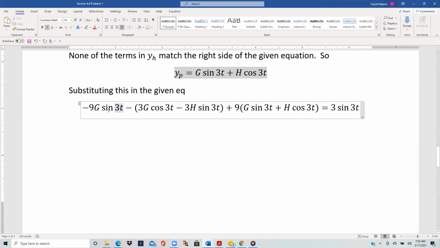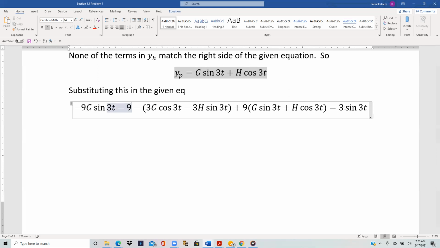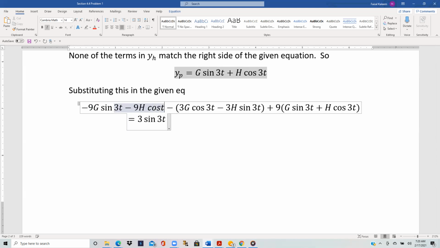And then the derivative of negative 3h sine 3t will be negative 9h cos 3t. That's just calc 1, chain rule.